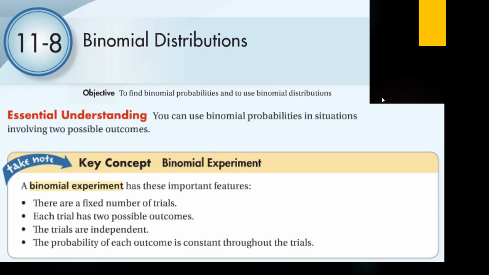So any trial must have two possible outcomes only. The third one, we have a fixed number of trials, like I repeat the events 5 times. And the last one, the probability of each outcome is constant throughout the trials.